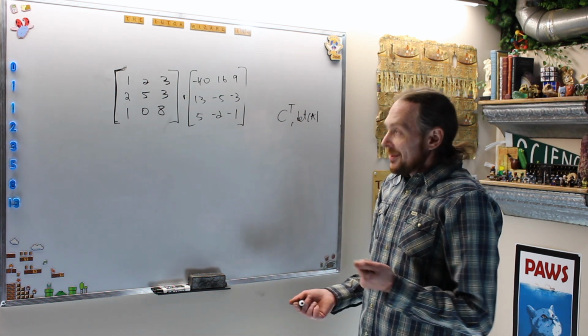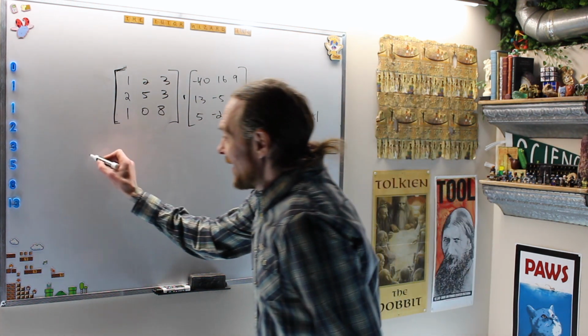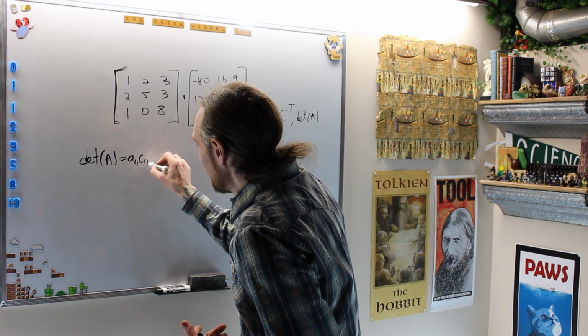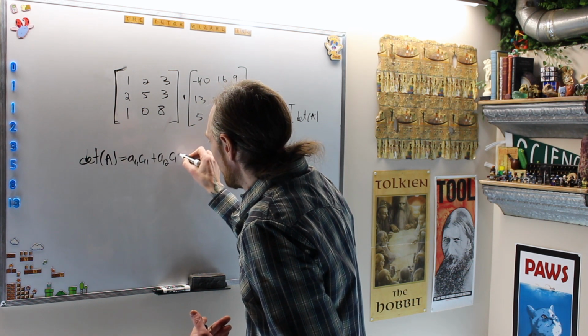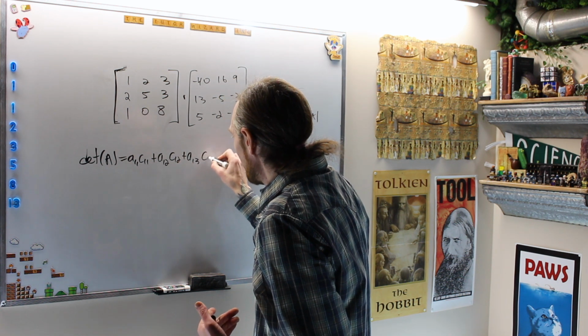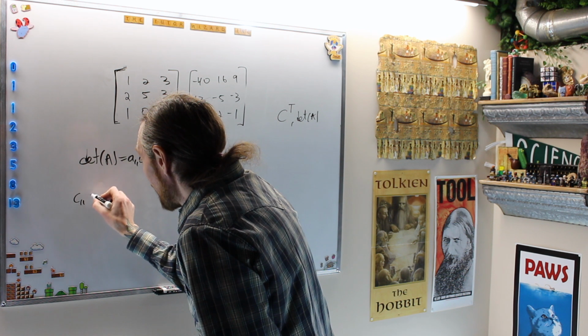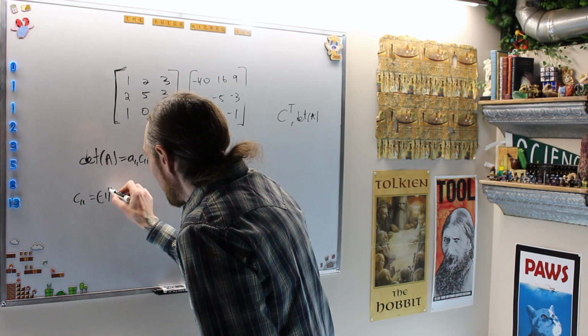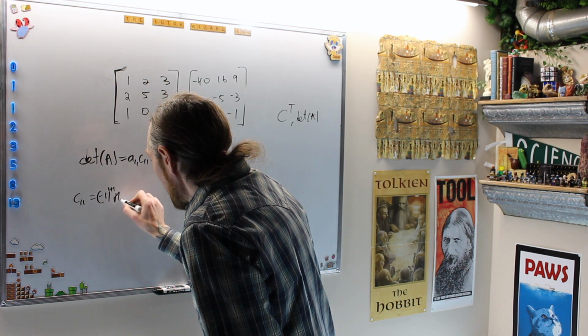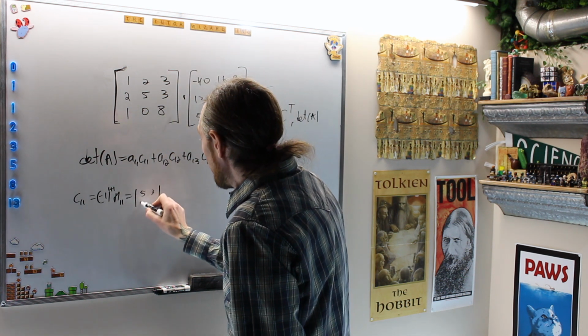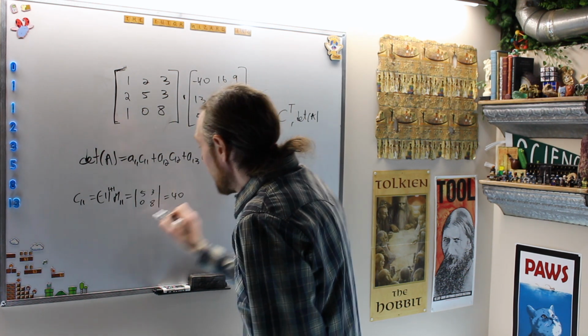I'm going to cofactor or expand along the top row. What do I need for that? Cauchy says the determinant of A is A11 C11 plus A12 C12 plus A13 C13. So I need C11, which is negative 1 to the 1 plus 1 M11, which is M11, which is 5308, which is 40.